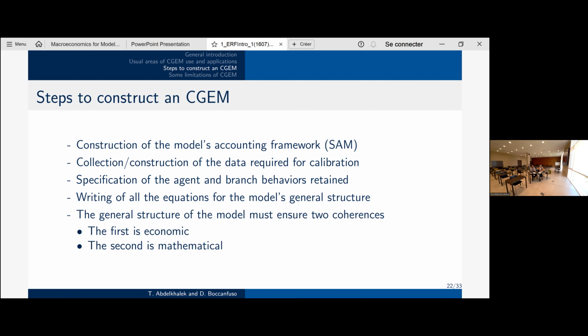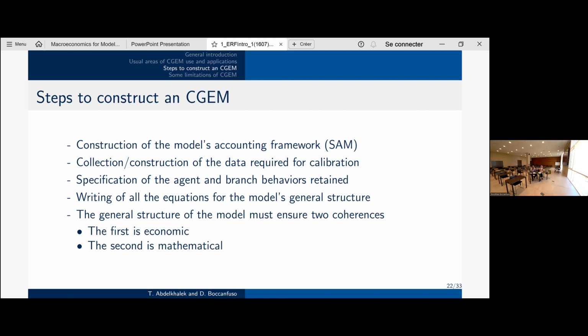We construct accounting, what we call a social accounting matrix. Social accounting matrix. We'll discuss that if we have time. What is that? It's a framework, a table where we put all the flows in the economy between agents, activities, and products, and the rest of the world, import, export.